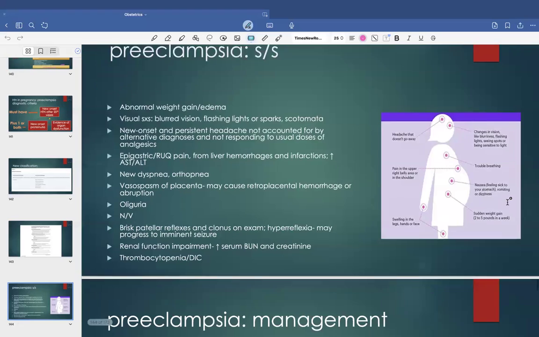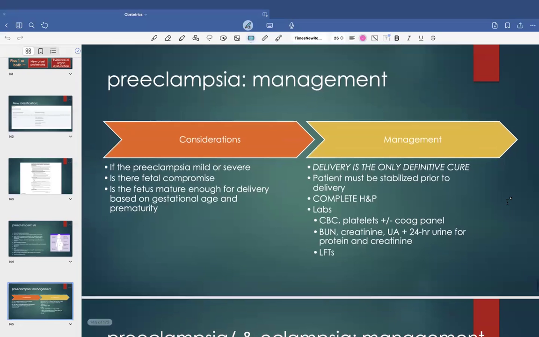Management considerations. That's an old slide, I should have redone it. If it's preeclampsia without severe features or with severe features, that's what you need to consider. Is there fetal compromise? Is the fetus mature enough for delivery? Based on gestational age and maturity, these are things you should be thinking about. In management, delivery is the only definitive cure.